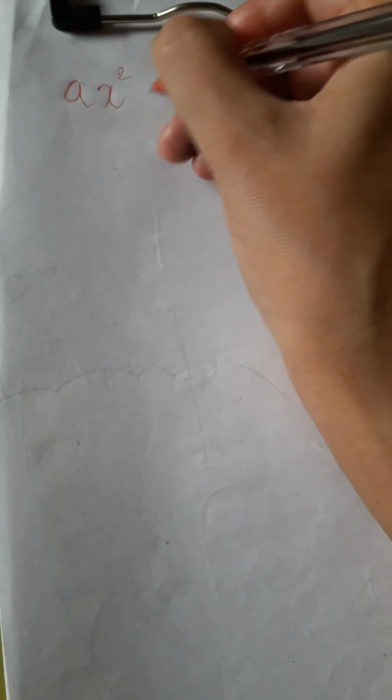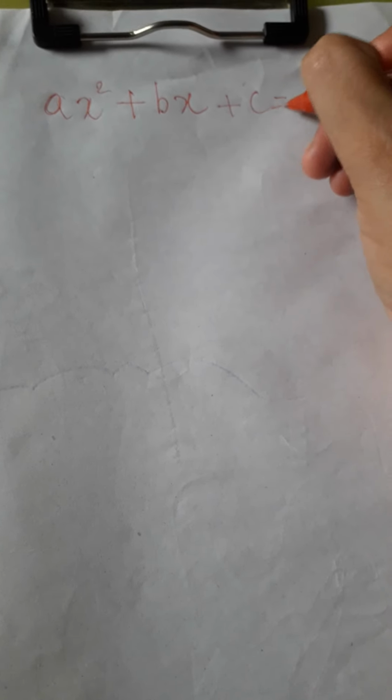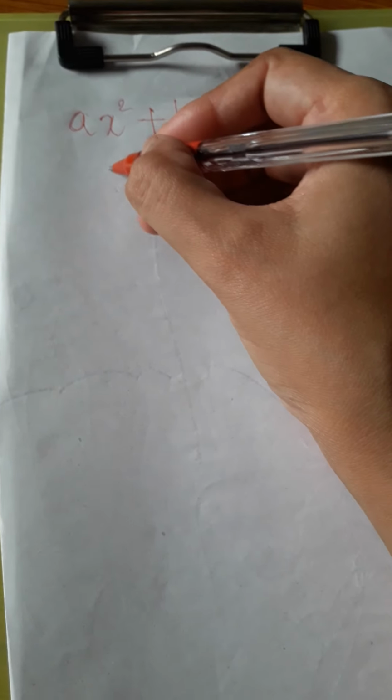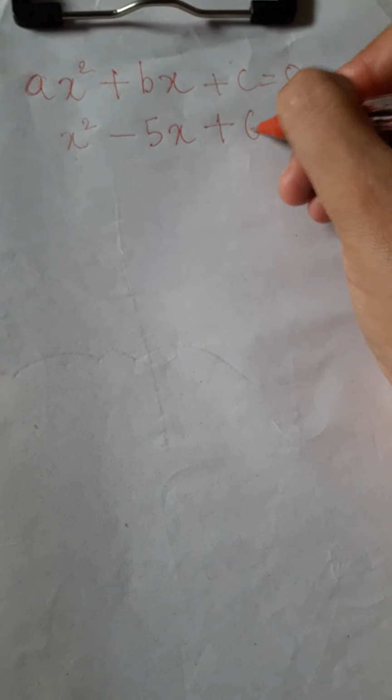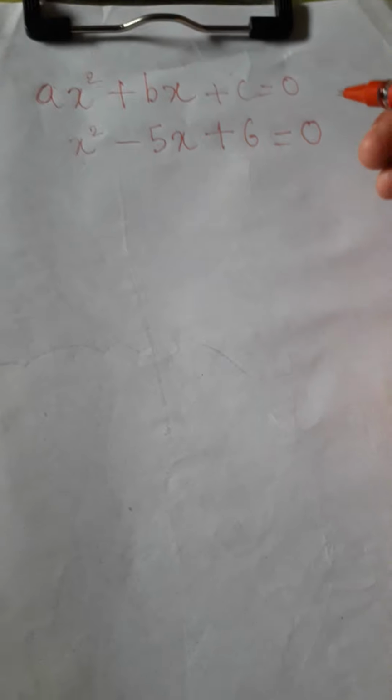Well, I'll take a problem for illustration. So I said ax square plus bx plus c is equal to 0, right? Let me take a simple example. Let me take x square minus 5x plus 6 is equal to 0.